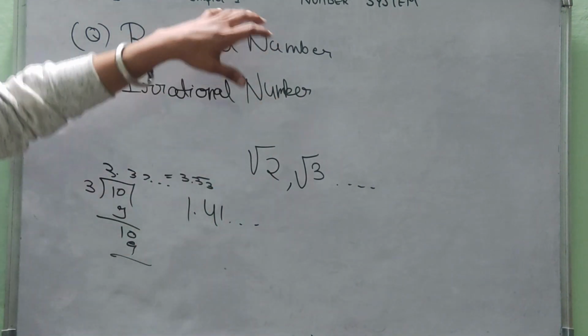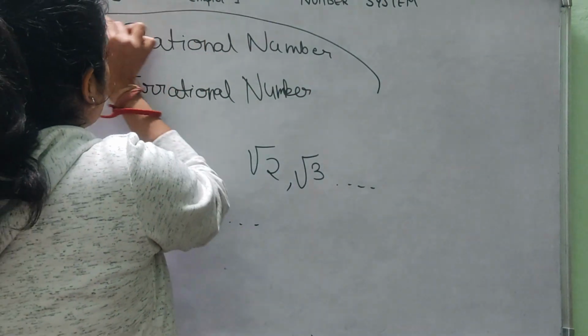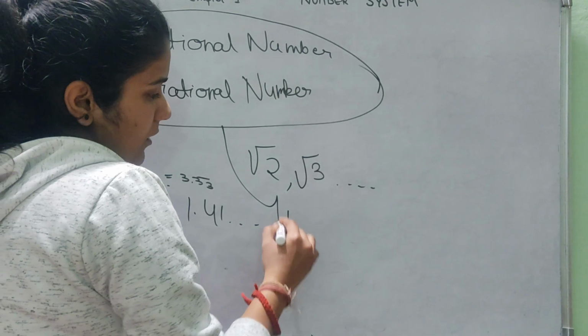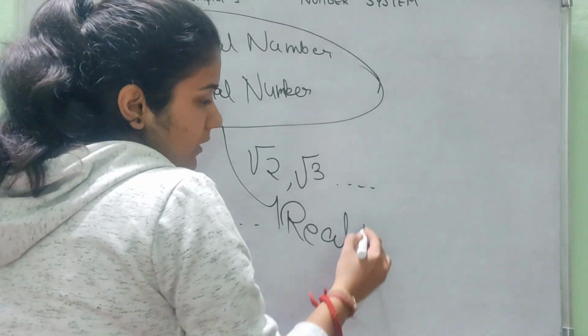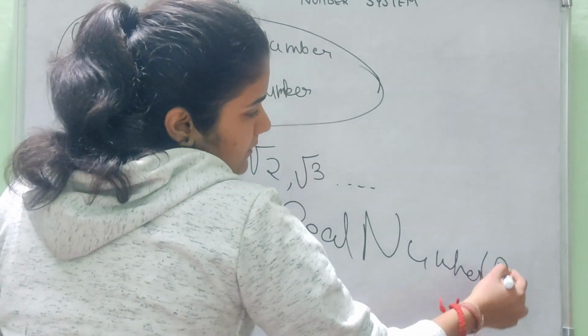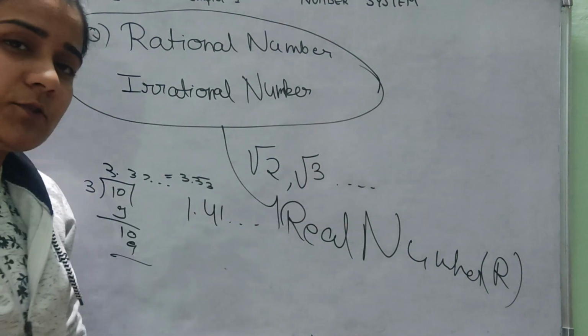Now the combination of rational and irrational numbers is called real numbers. Real numbers are represented by R. If there are real numbers, there may be imaginary numbers.